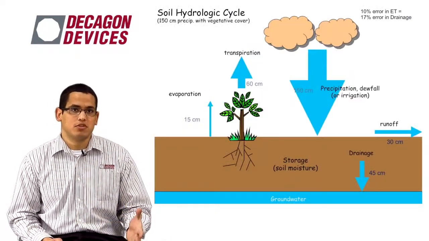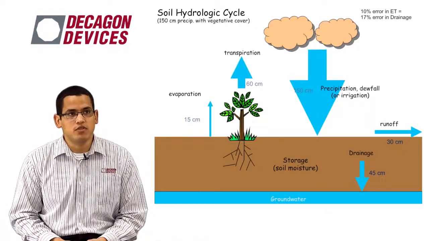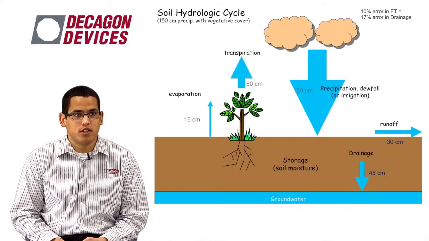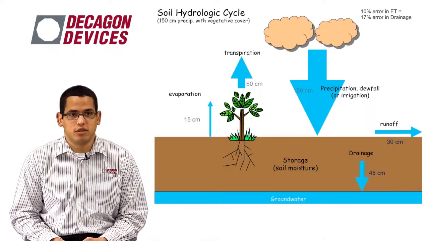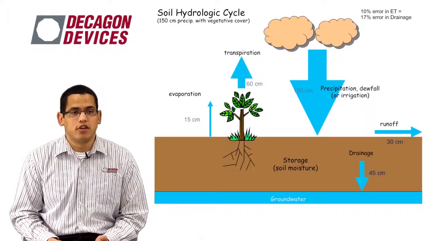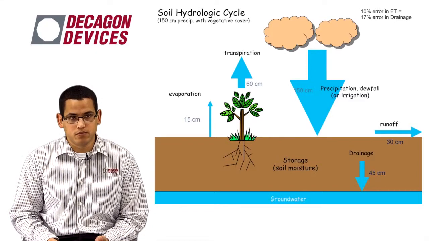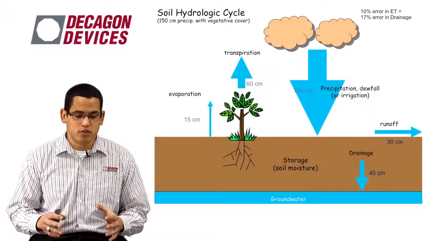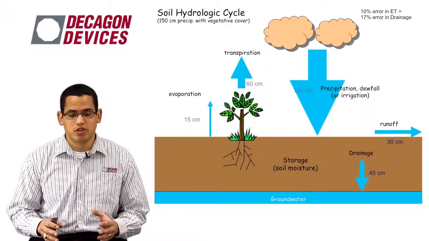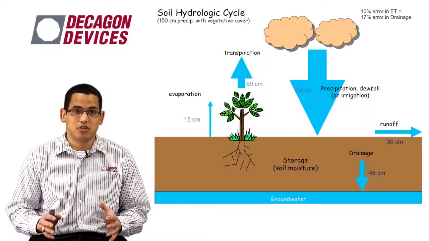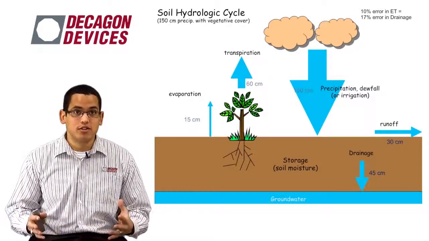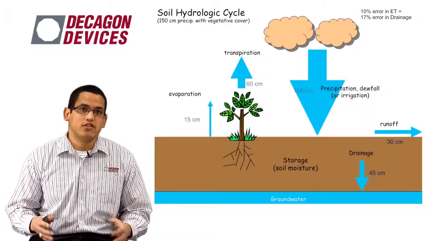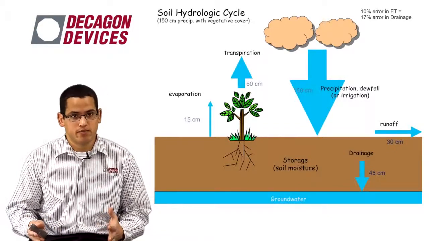And here's a couple of examples of this. Say we're taking a measurement of the water balance residual in an area with 150 centimeters of precipitation and good vegetative cover. If we're able to make a measurement with only 10% error in evapotranspiration, which is not an easy measurement to do, and 10% error is a very good measurement, this will result in a 17% error in drainage.